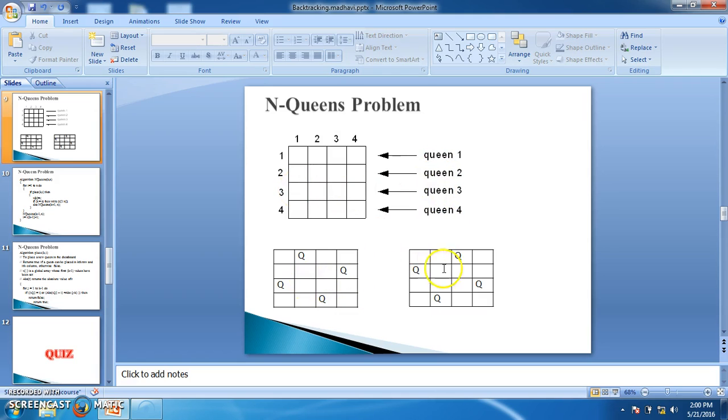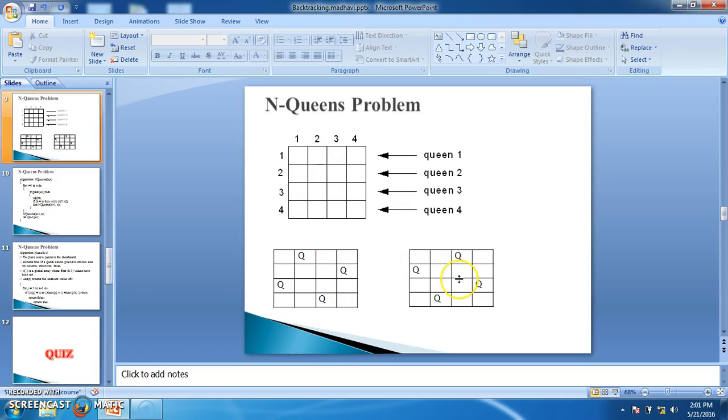Here we have two alternative solutions provided, and both solutions satisfy the condition that no two queens are in the same row, no two queens are in the same column, and no two queens are in the same diagonal. So from this we can understand that any problem may have alternative solutions, but not all solutions lead to an optimal solution.